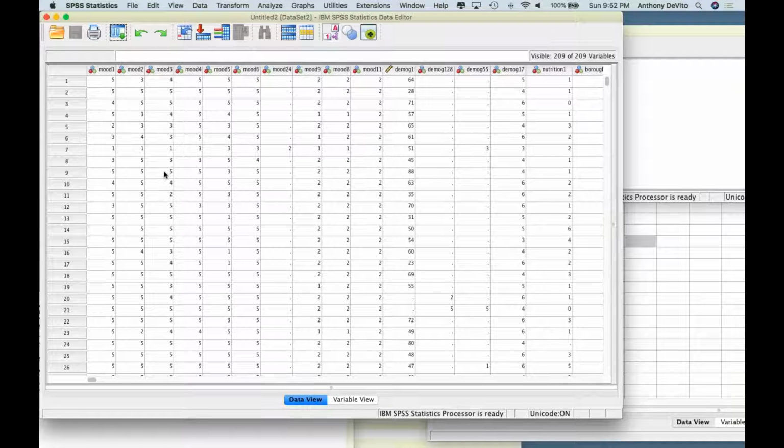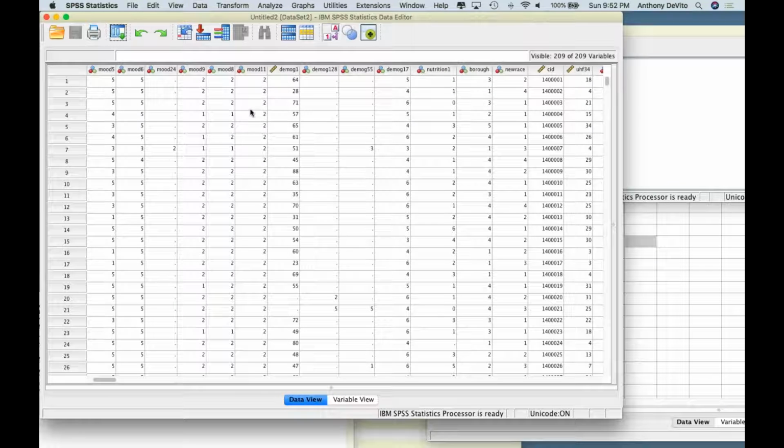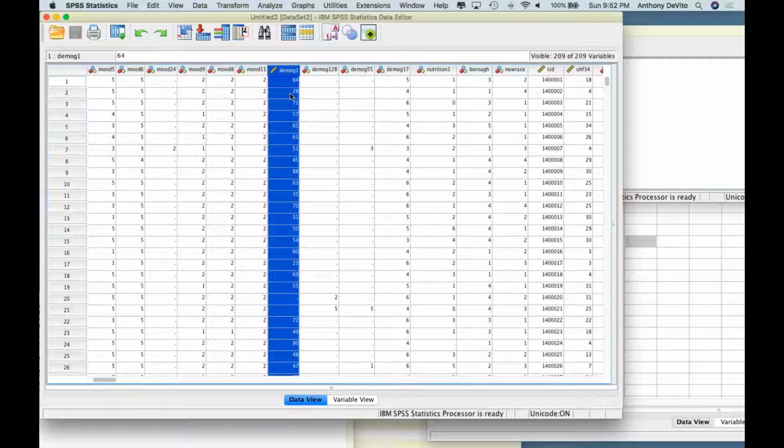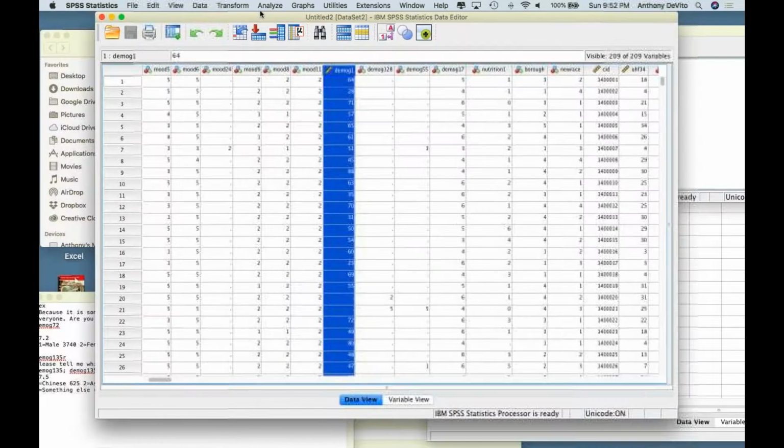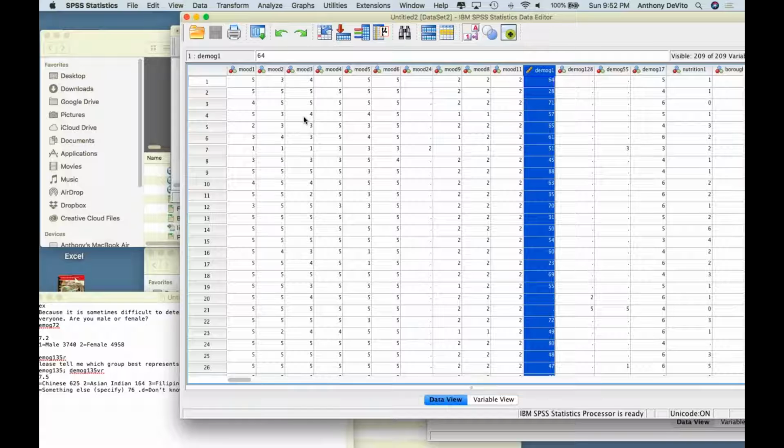Okay, let's see if I can find a numerical variable. Oh, here we go. This is age right here. Demog1 is the person's age. I just happen to remember that.